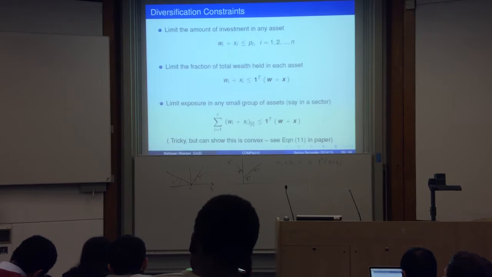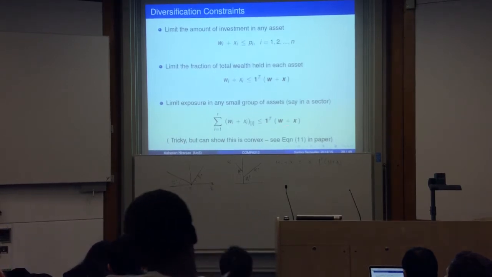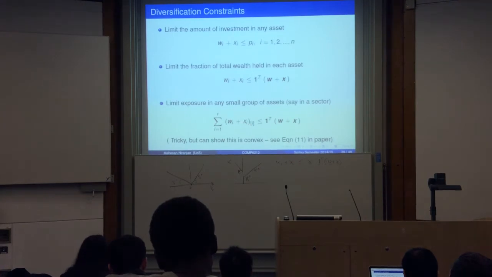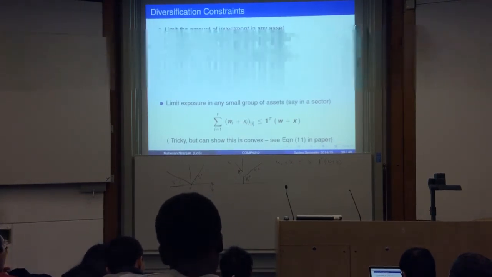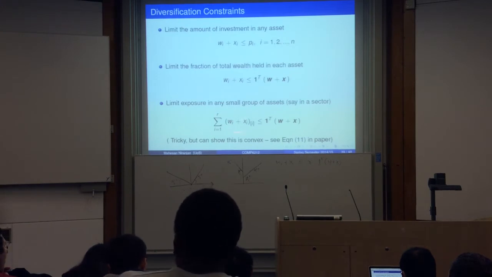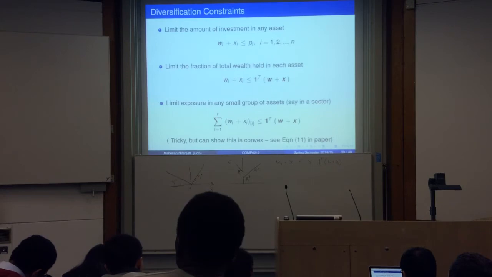Okay. If you read the paper, you will find that this one is a little bit tricky, but this is convex, and they go into how you actually show that this is convex. The constraint I have written here is a sum over R assets out of N assets.